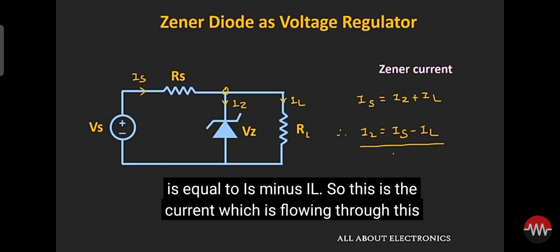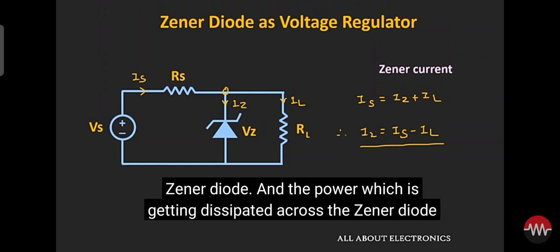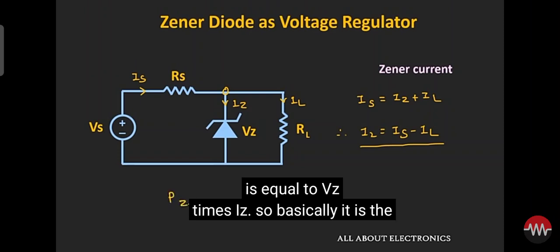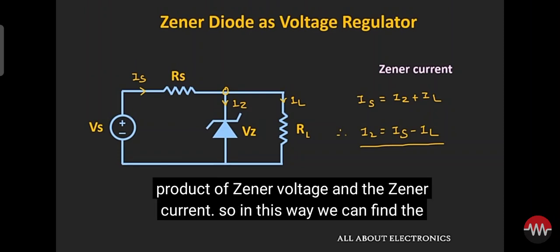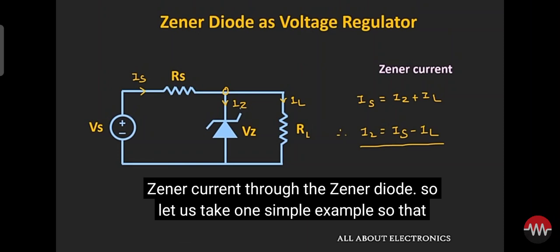So this is the current which is flowing through this Zener diode, and the power which is getting dissipated across the Zener diode is equal to Vz times Iz. So basically it is the product of Zener voltage and the Zener current. So in this way we can find the Zener current through the Zener diode.